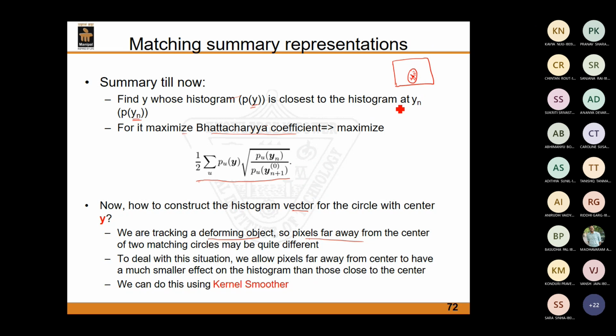So making that assumption, how we exactly use this weighing factor is by making use of a kernel smoother. In the kernel smoother, we give more weightage to those pixels which are nearer to the center of the circular domain as compared to those pixels which are further away, under the assumption that those pixels which are nearer to the center contribute more to the probability density function than those which are further away.